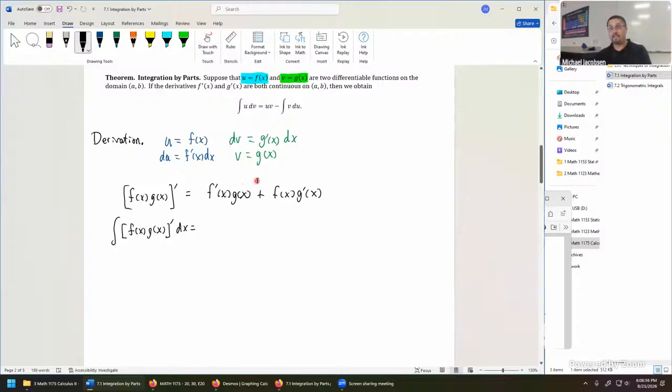Properties of integrals say the integral sign, as a definite and indefinite integral, can partition across, or distribute across is a better way to say it, an addition sign. So we can integrate f prime at x, g of x, dx, plus separately find the antiderivative, the indefinite integral of f of x times g prime of x dx.